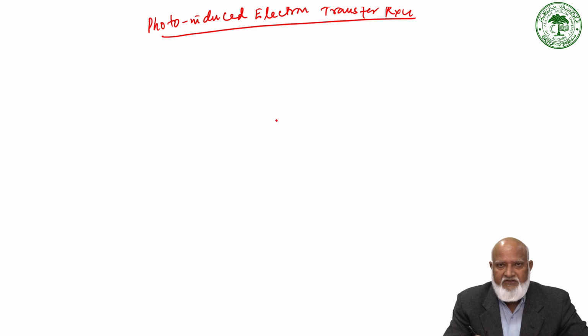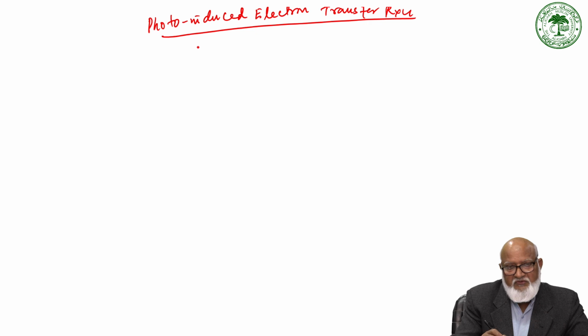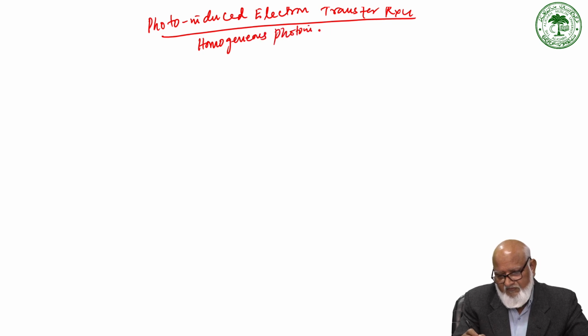In indirect photolysis, we use a sensitizer which can either transfer energy or transfer an electron. When it transfers an electron, it is called photo-induced electron transfer. These are again of two types. So today we would like to see a few examples of homogeneous photo-induced electron transfer reactions.